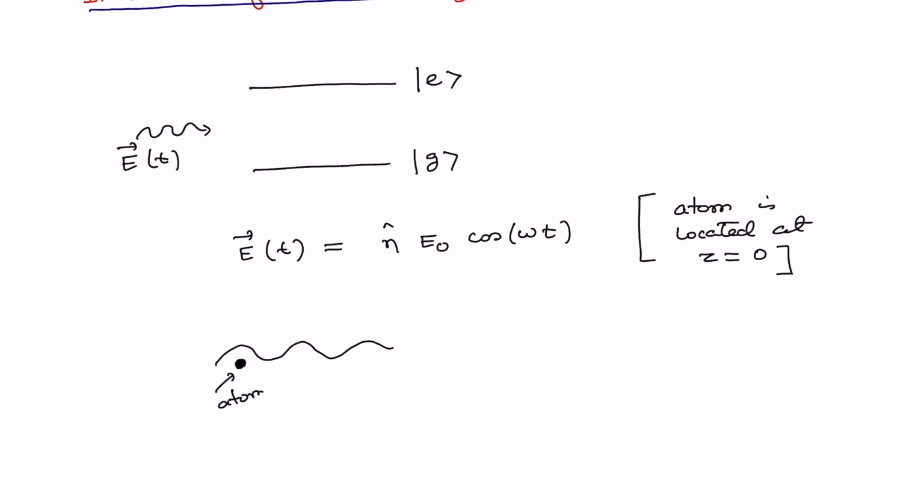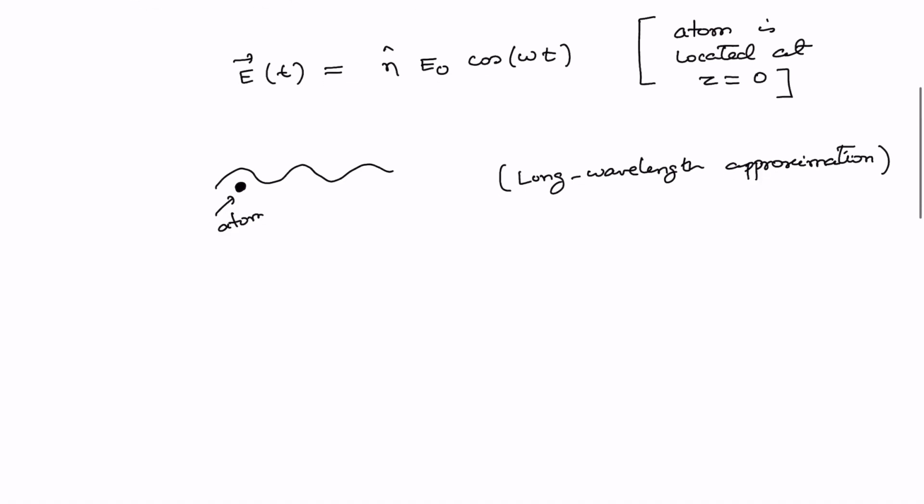As you can see, the wavelength of the field is much larger than the size of the atom, so that we can neglect the variation of the field over the extent of the atom, and this approximation is known as the long wavelength approximation. And this approximation is quite good as long as we are dealing with radiation in the optical domain.